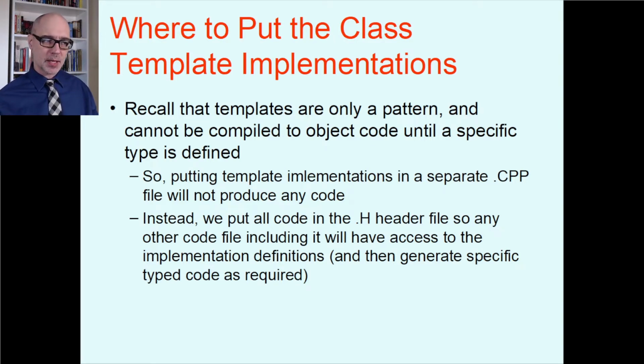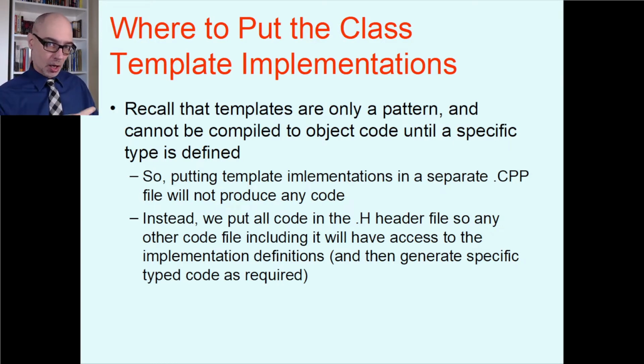So you can't take the templated class and directly compile it to object code. Again, if I just made a CPP file and tried to compile it to an object.o file, it would be empty, it's nothing. Not until you have some code that actually creates one of those objects and specifies a particular concrete type can the C++ compiler know, oh, I need to actually make code of that type and compile that.